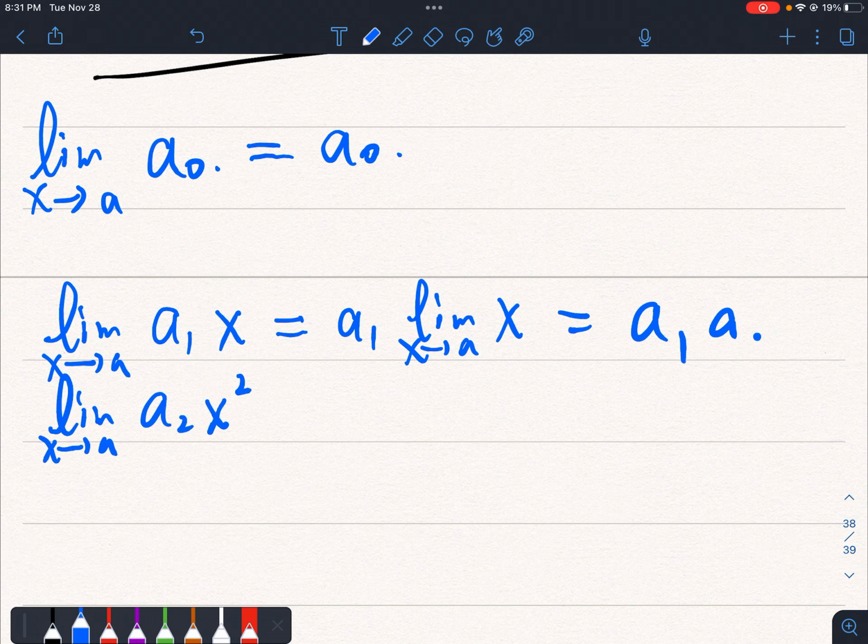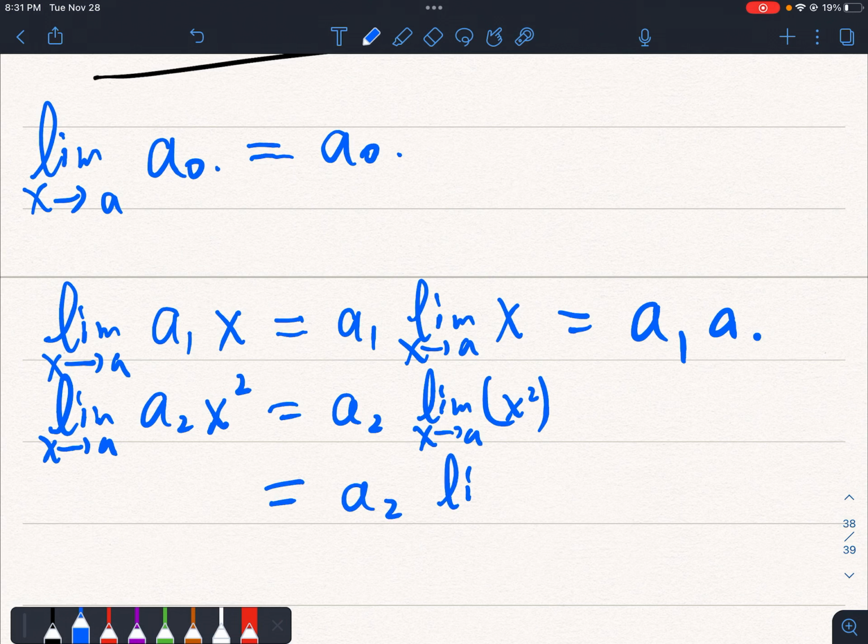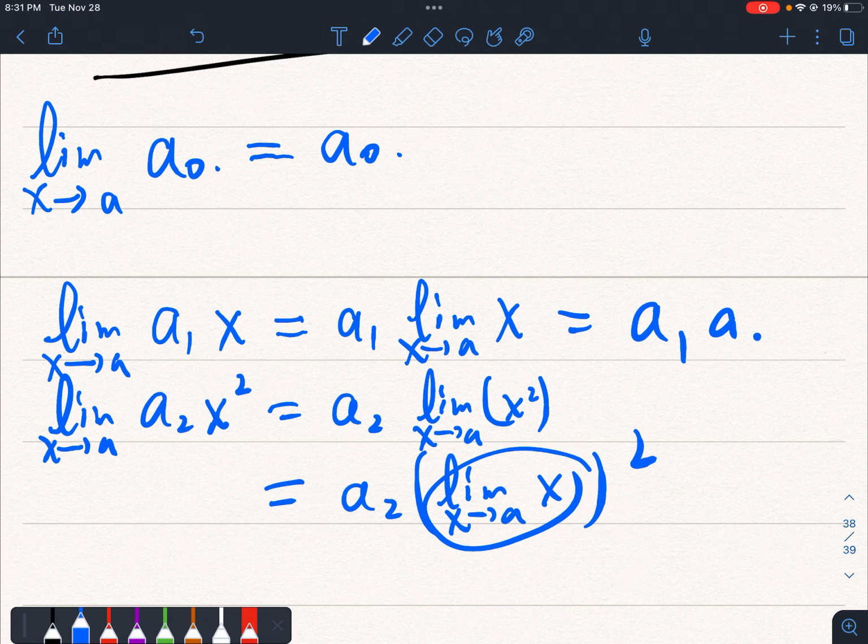Now if you look at the second order term, which is a2x squared, first it's a scalar multiplication, so it's a2 times the limit of x squared. But then x squared is x times x, so you can use the product rule. You can use the product rule because this limit exists, because it is a by the lemma again.